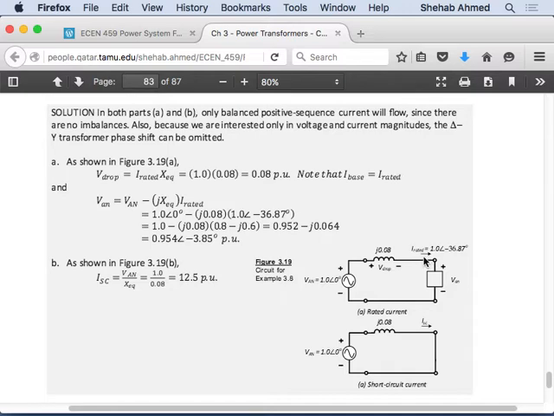Rated current flows through. Use transformer rated quantities as basis, which means rated current of 1 per unit is going through the transformer. And they gave you the power factor. So the voltage drop is nothing but the current multiplied by the reactance. So rated current 1.0, the reactance is 0.08. So they just asked for the magnitude, and this is what it is.